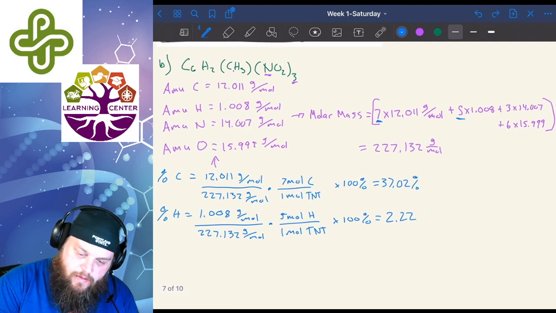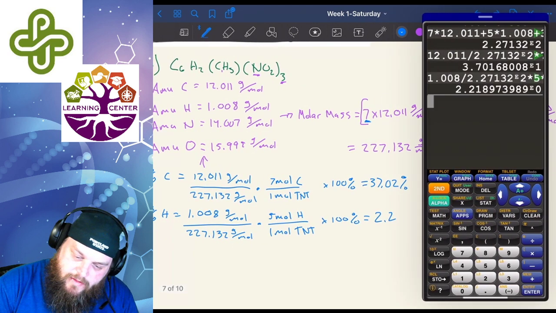I can take that one more decimal place out, keeping everything to four significant figures: 2.219.